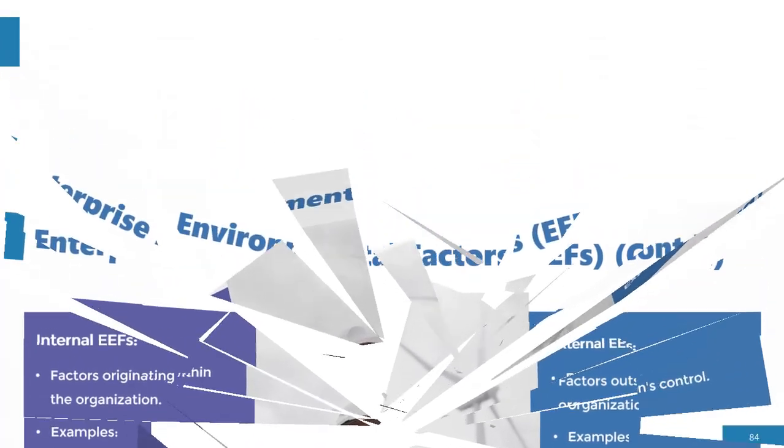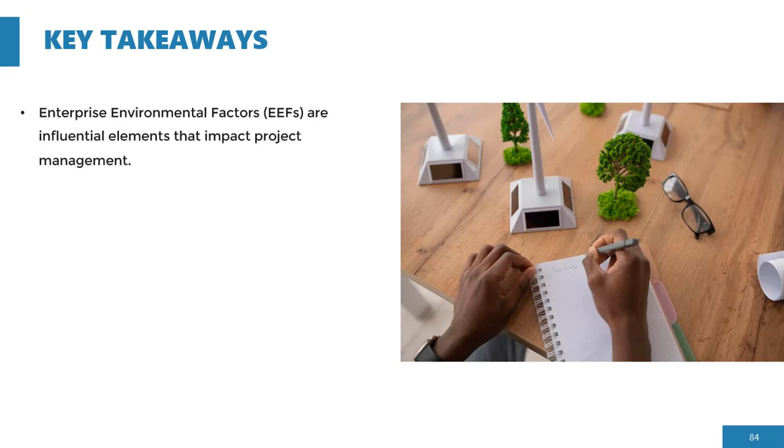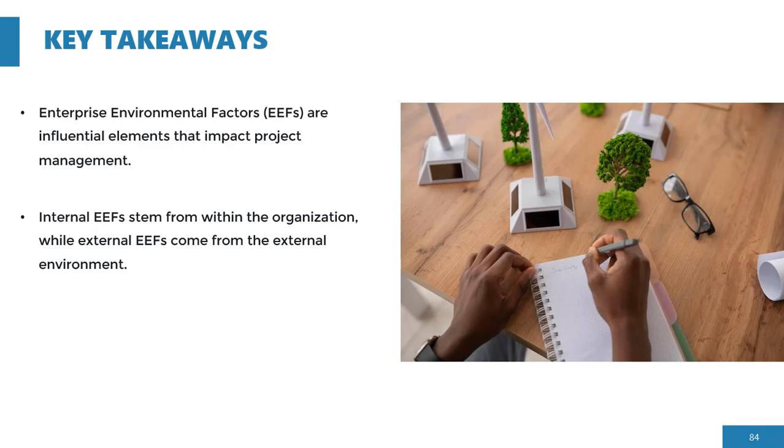Okay, so let's move on now. What are the key takeaways from here? Enterprise environmental factors are influential elements that impact project management, so you have to understand that. Internal EEFs stem from within the organization, while external EEFs come from the external environment.